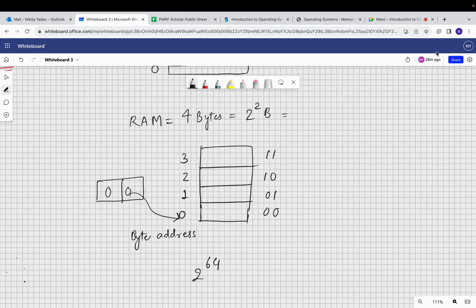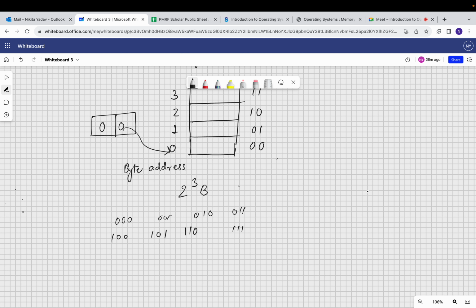If I do it progressively, if your RAM size is 2 to power 3 bytes, then you need 3 bits, because the 3-bit possibilities are 000, 001, 010, 011, 100, 101, 110, 111, and they will be mapped to these 8 bytes.